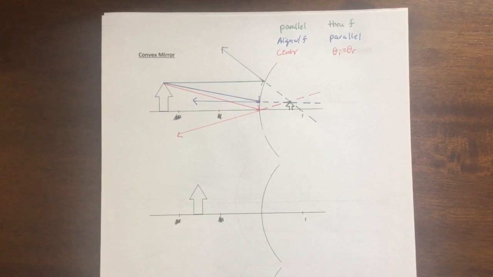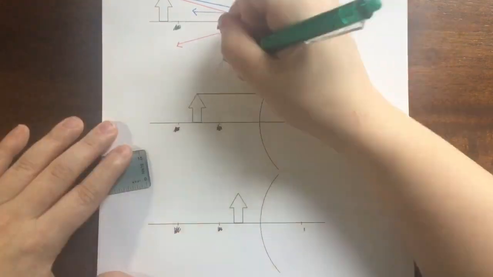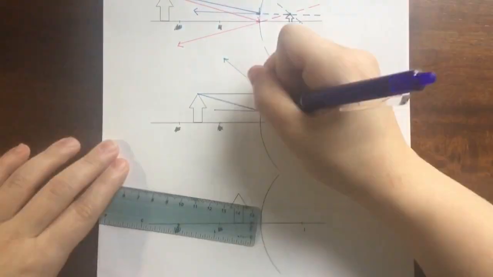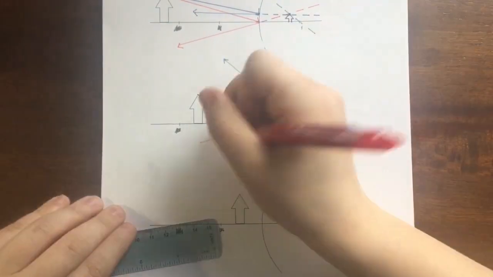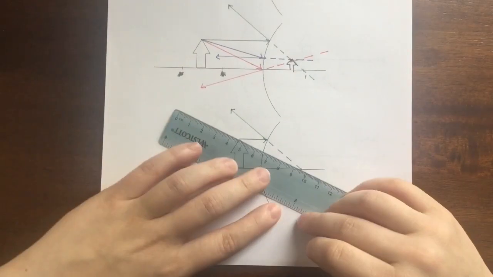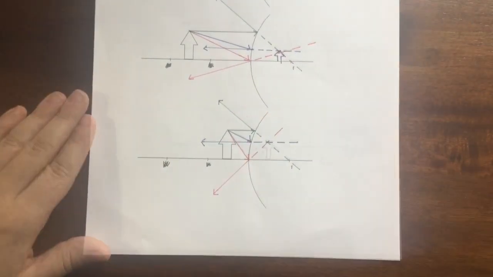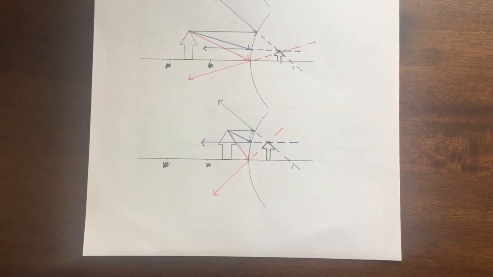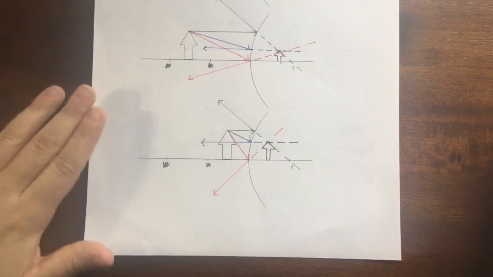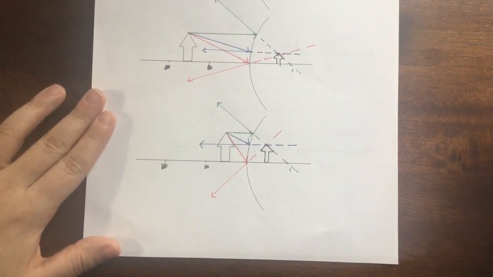Try the next two on your own. If we look at each of these, we'll see that all of them are virtual and upright.